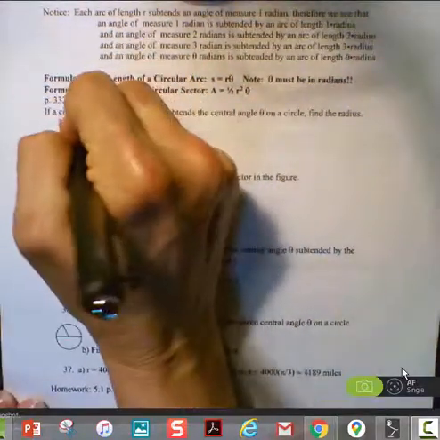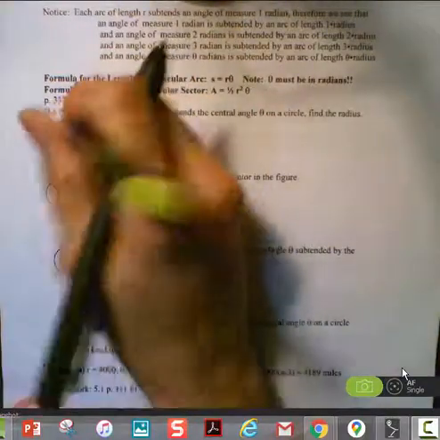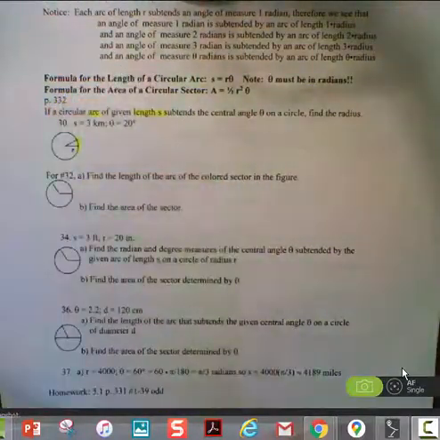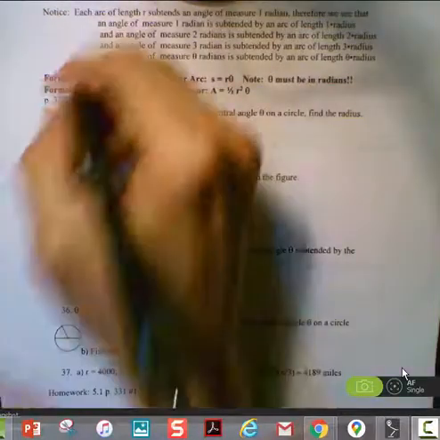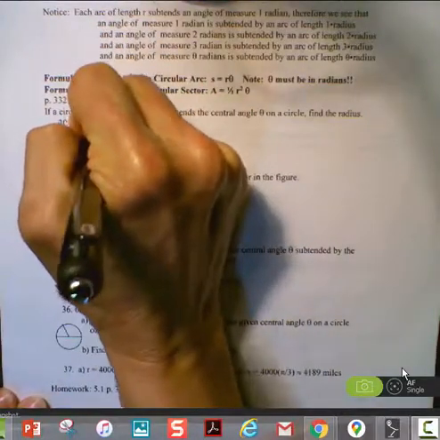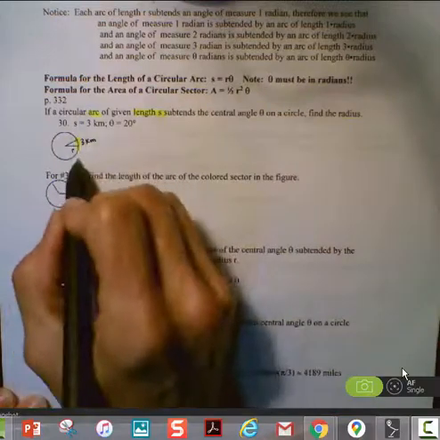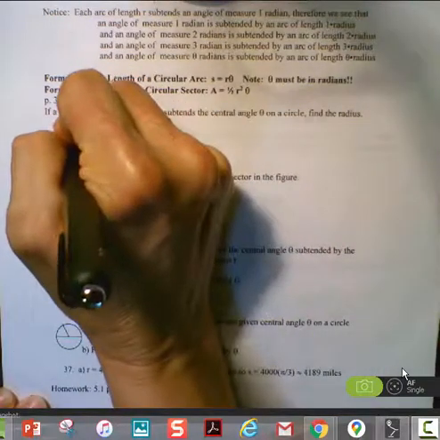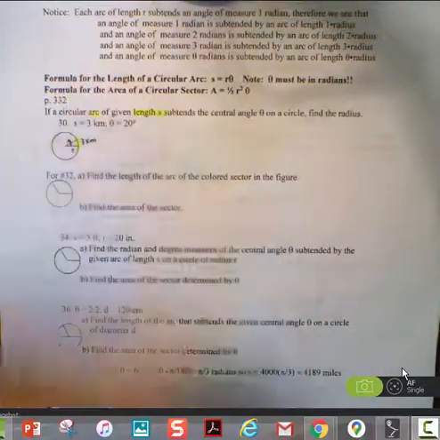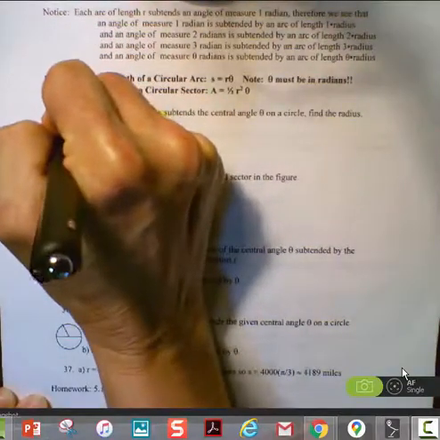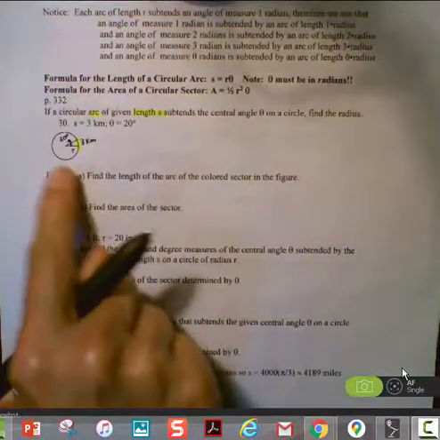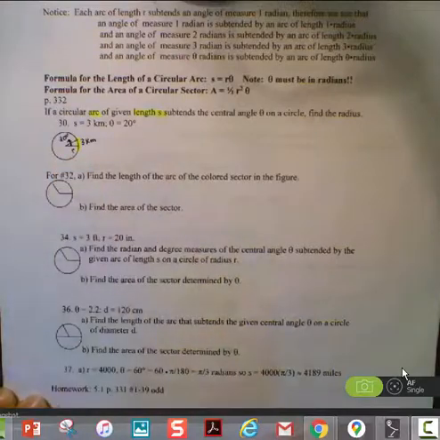So I'm going to label this arc length as 3 kilometers. And we're told that this 3 kilometers subtends an angle of measure 20 degrees. We want to find the radius of that circle.